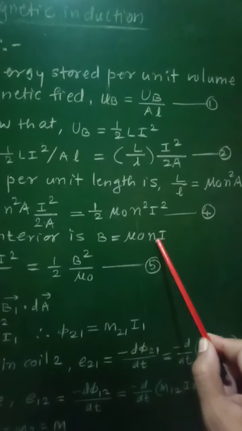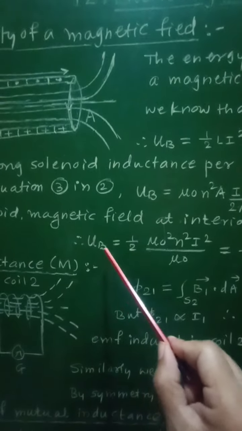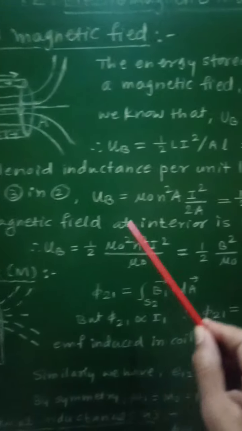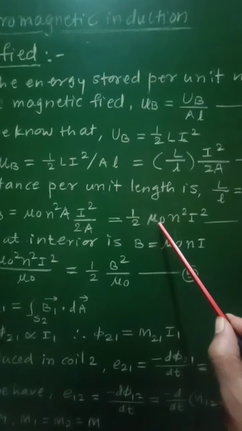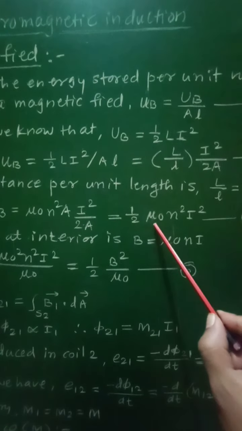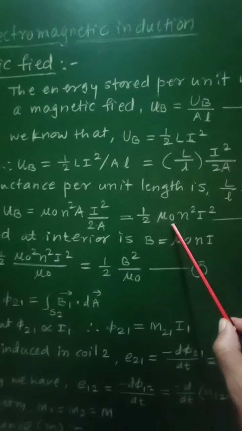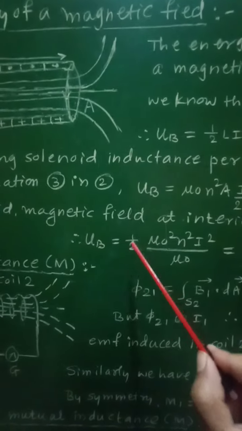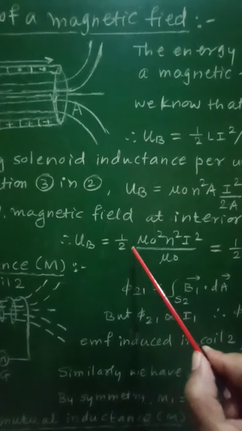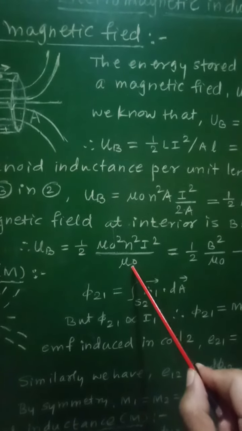Now putting this value in the equation of ub, we can write ub equal to half, because this equation is half mu 0 n square I square. If you put this value, then we have to square this mu 0 and divide it by mu 0. Therefore, rearranging the terms, we can write ub equal to half mu 0 square n square I square upon this mu 0.